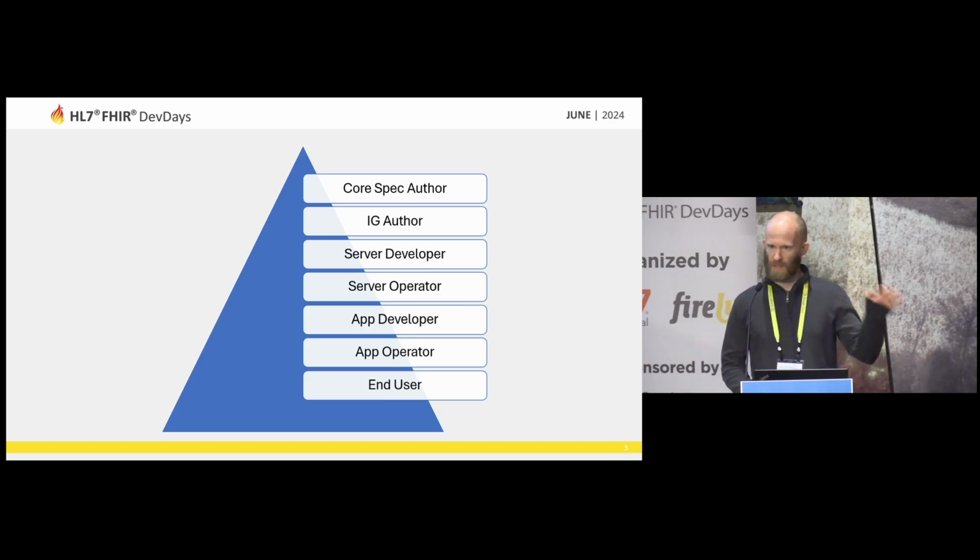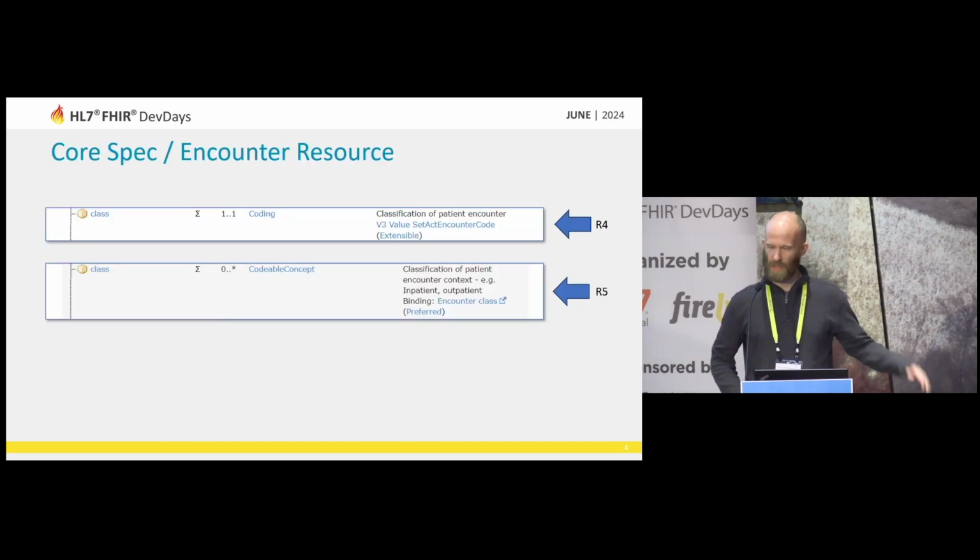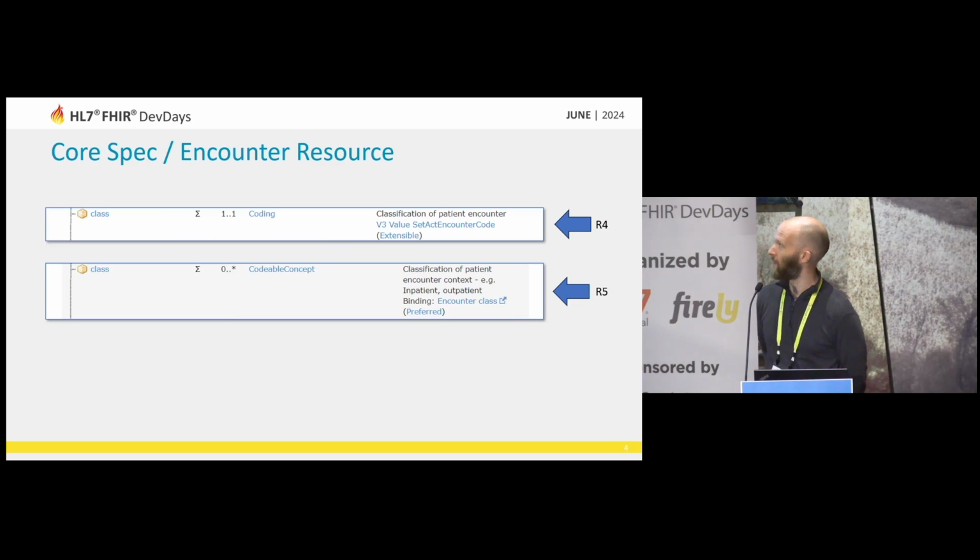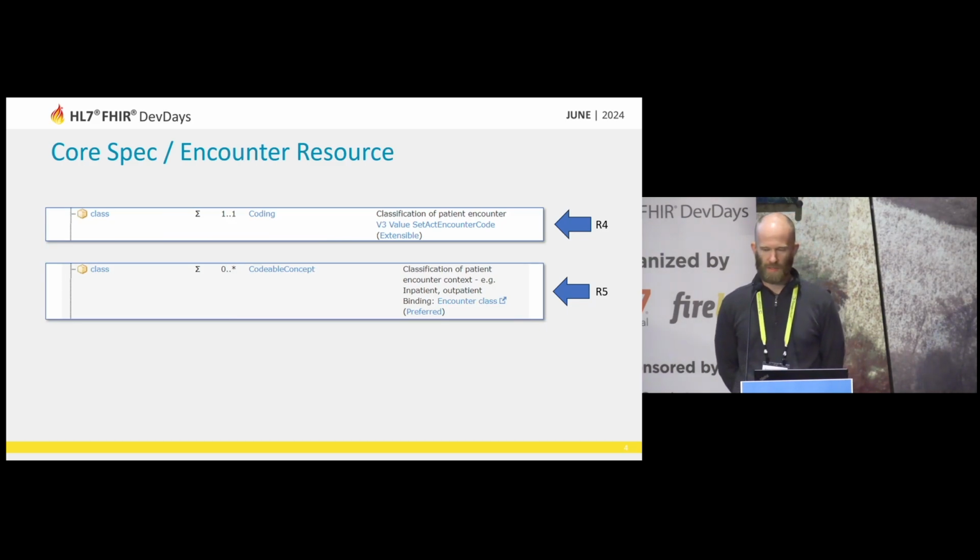Even though I said I'm not going to talk about FHIR core spec changes that much, the first example I want to talk about is a change in the FHIR core spec. The Encounter resource has this class property. In R4, it was a one-to-one cardinality with a coding data type and a specific value set. That was changed pretty significantly in R5. The cardinality was different, the data type was different, the value set was different, and the binding strength was different.